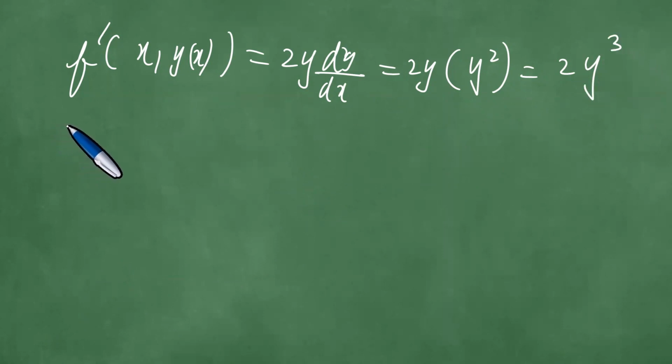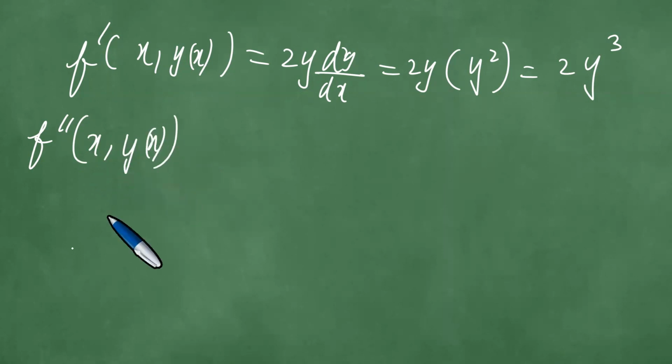Okay. And then we must find all of them. So now we must find f double primed of this, because we need fourth order. So we must do 3 derivatives. Right, so which means to find the second derivative, we must differentiate the first one.